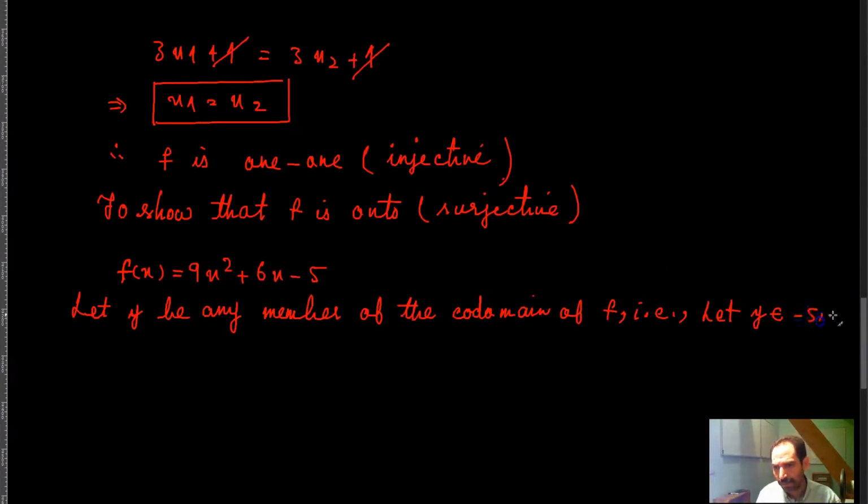So if that is the case, and of course we know that y is equal to 9x squared plus 6x minus 5, right? Let y be equal to 9x squared plus 6x minus 5.